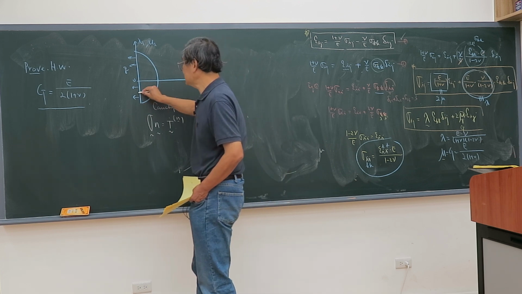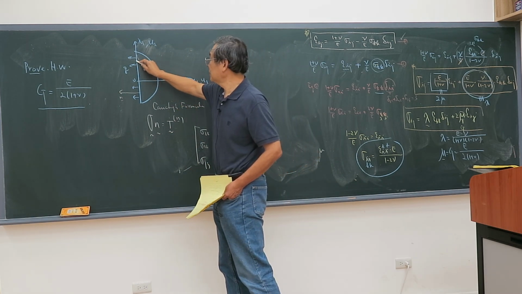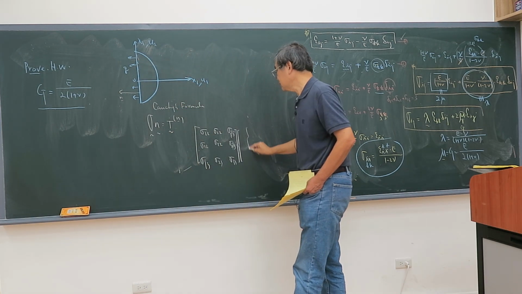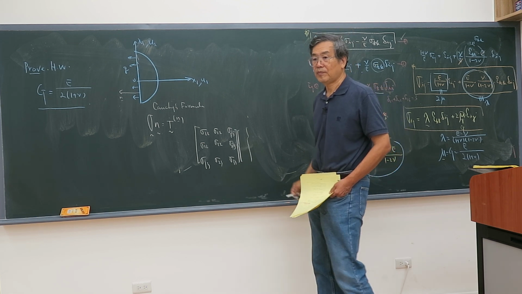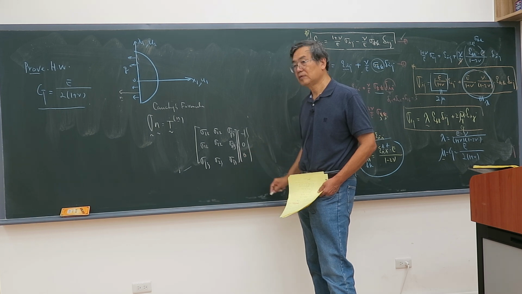And the surface traction vector, the n vector of this surface, is what? Can you tell me? Minus 1, 0, 0.